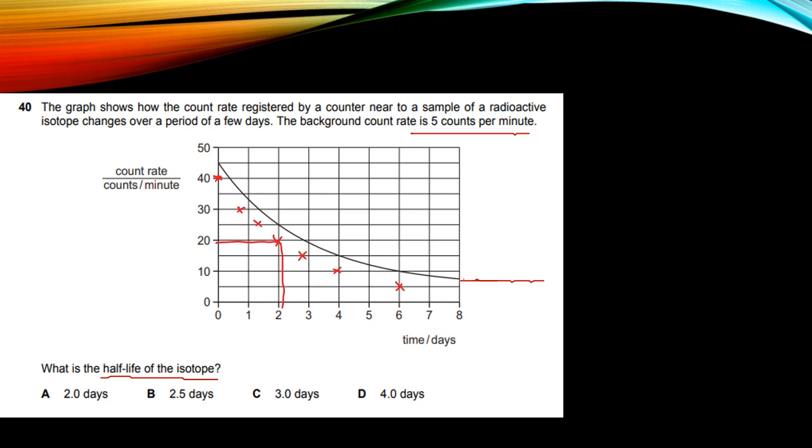Initially your graph, I'm going to put this in purple, was at 45. So you need to take the background radiation into account. That means where 45 was initially on the graph, that's where 40 is now going to be on the graph. So you've taken away the background radiation rate.